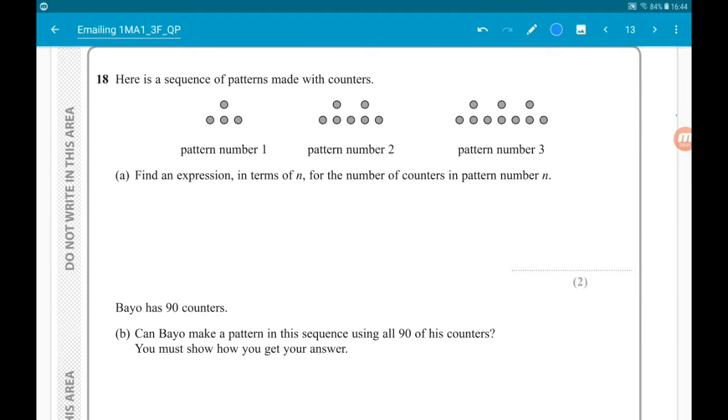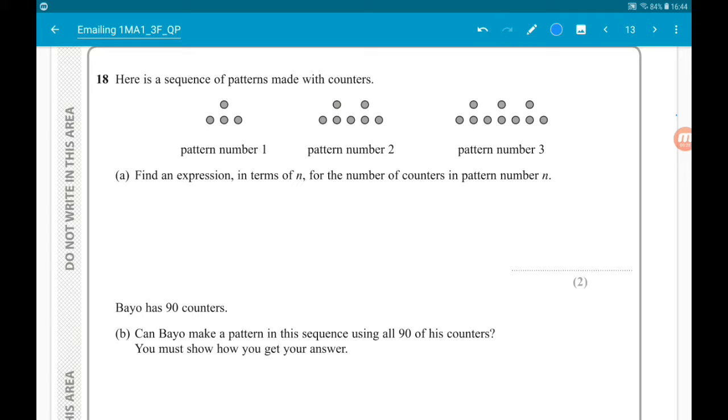Okay, number 18 we have sequences, so my playlist is down below. So, we are given a sequence of patterns made with counters. Find an expression in terms of n for the number of counters in pattern number n.